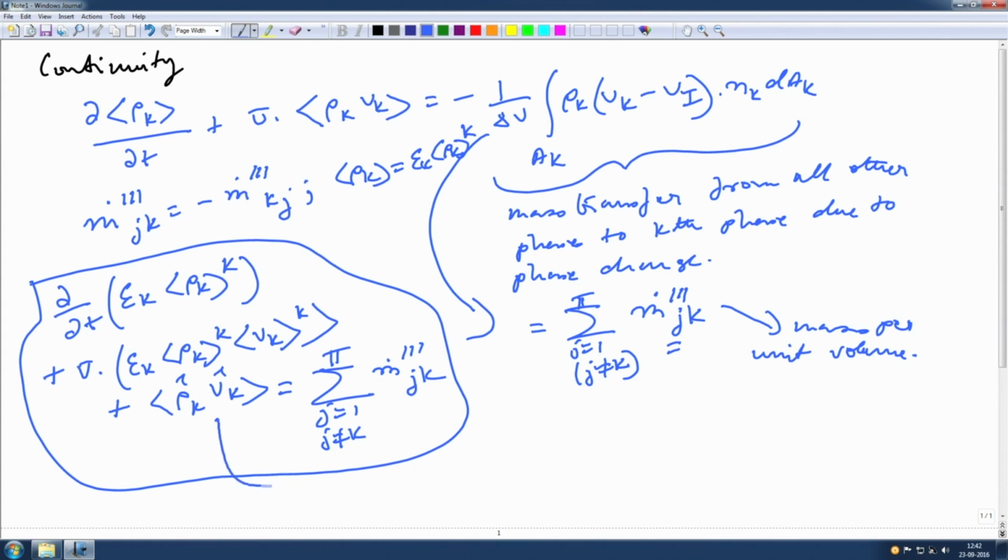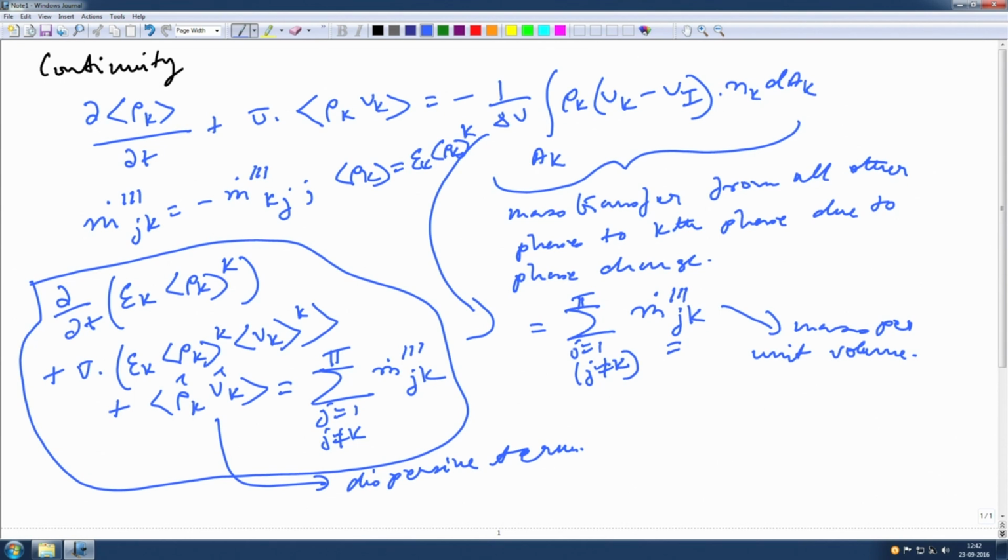These are basically the dispersive terms which we defined in the last class. So, that is the dispersive term. We saw what the dispersive terms are in the last class.